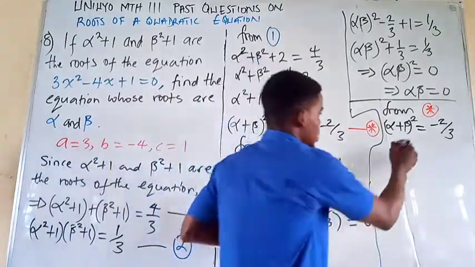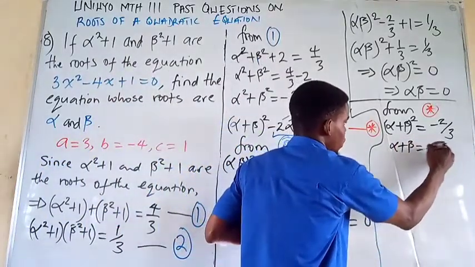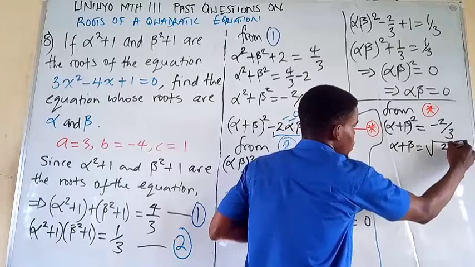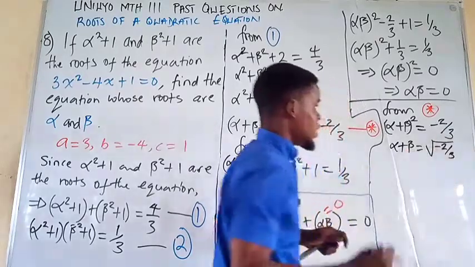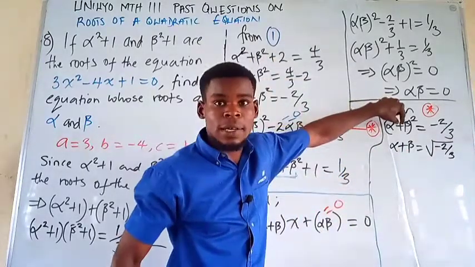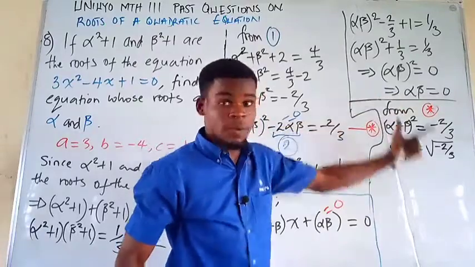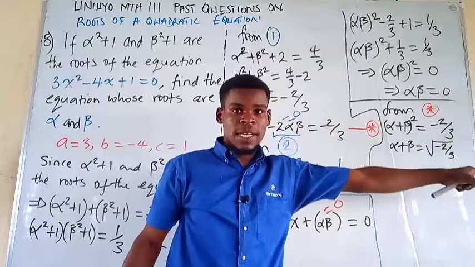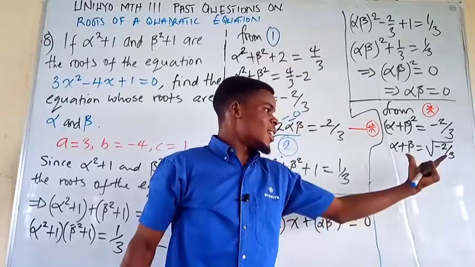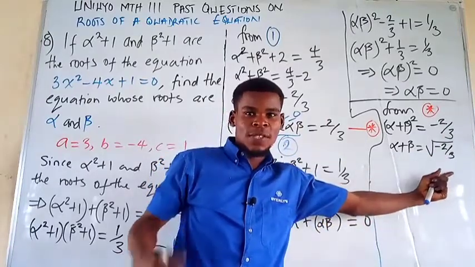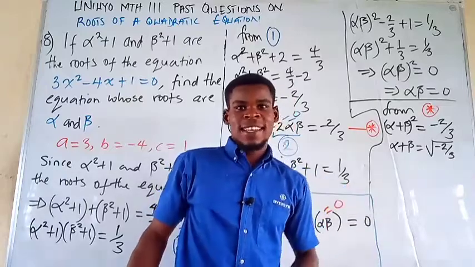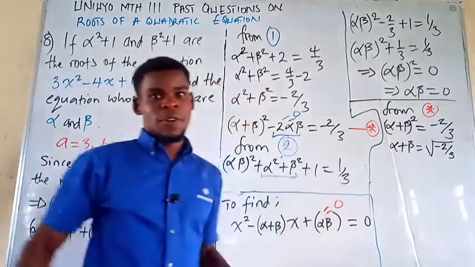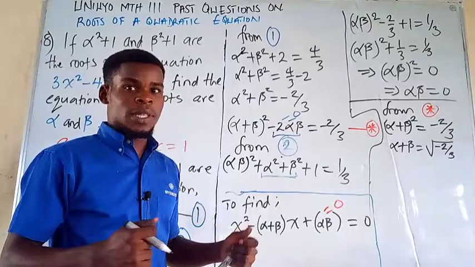That means that alpha plus beta will be equal to square root of negative 2 over 3. So to get alpha plus beta, we just need to take the square root of both sides. Here is the awkward stuff. You're having a square root of a negative number. The result is not going to be a real number anyway. But we are not concerned with that, alright?